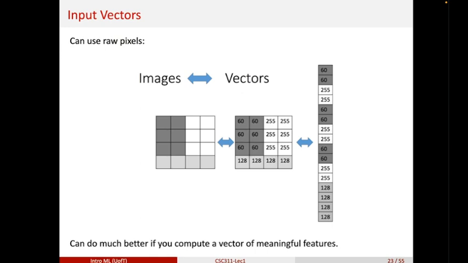As you can see in the diagram below, it shows images and vectors and how a computer would read the different shades. You can use raw pixels, but you can do much better if you compute a vector of meaningful features.